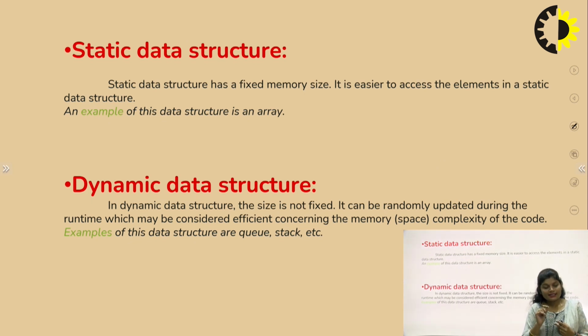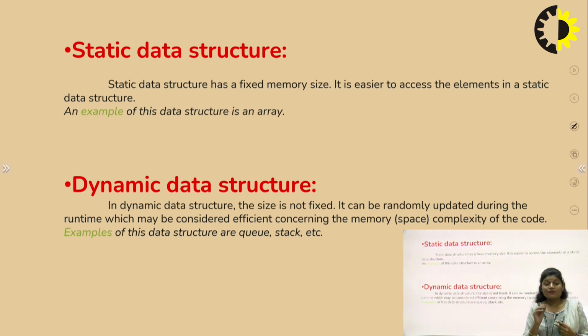Take the example of an array. When you declare and initialize an array, first you give the size of the array. After that you store elements in the array, compile, and run. So if you give the size before running any program, this type of data structure is called a static data structure.